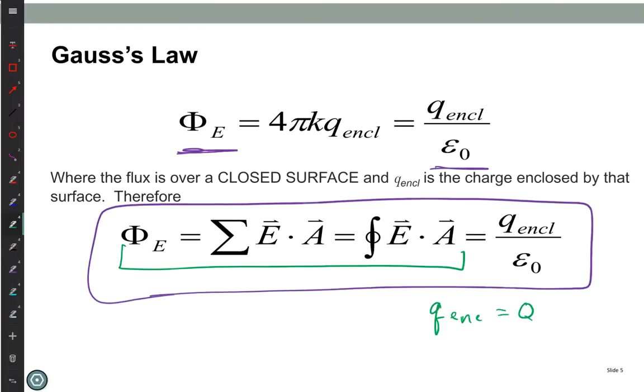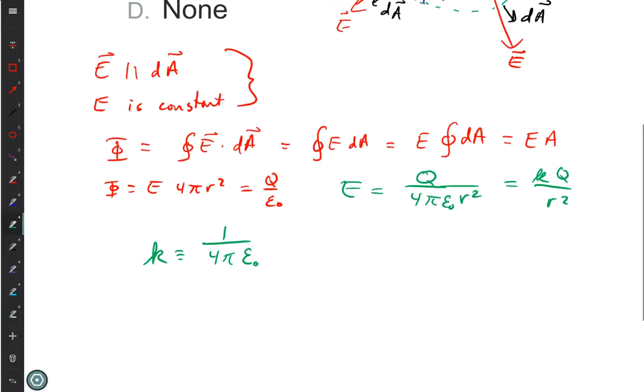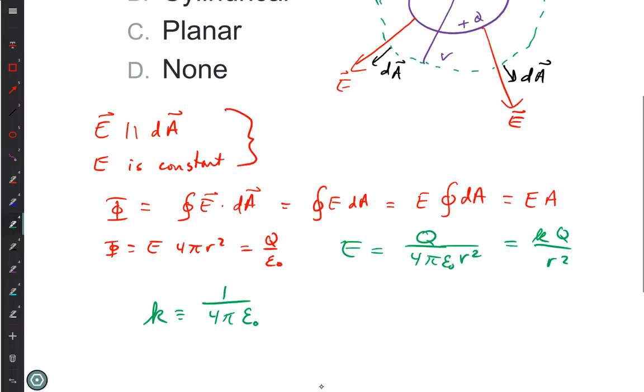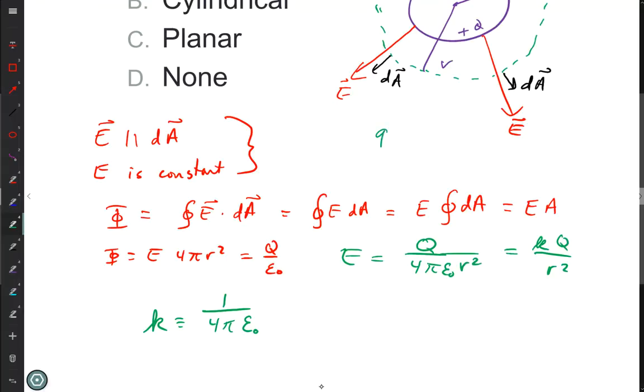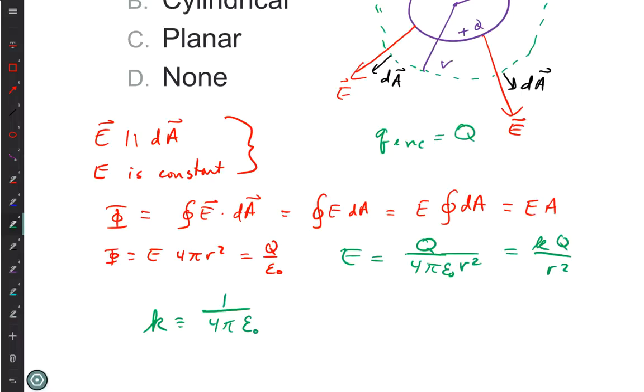Because the rest is just using Gauss's law. So here, I'll write it. Now we have every possible step. I'm starting to see it.